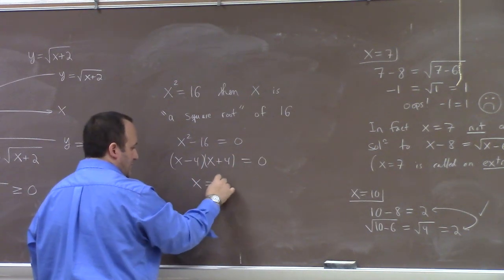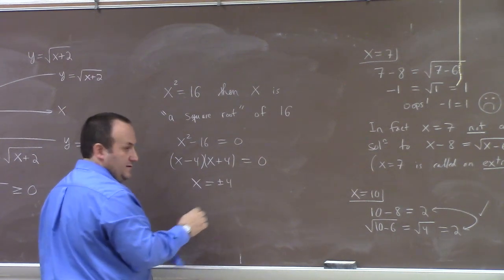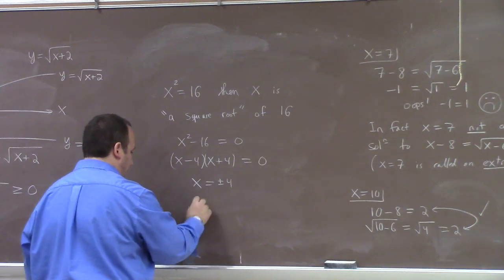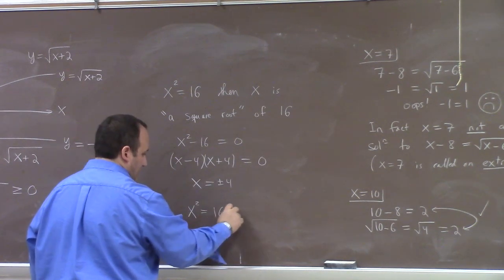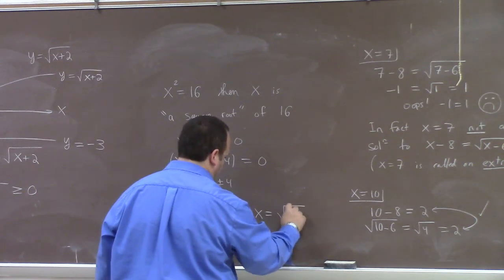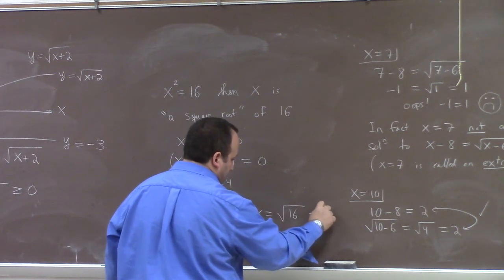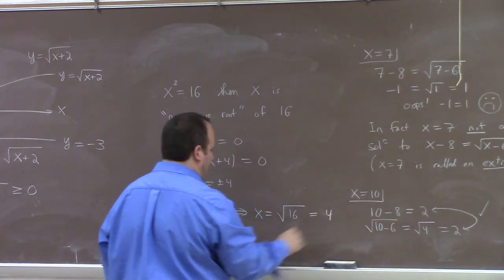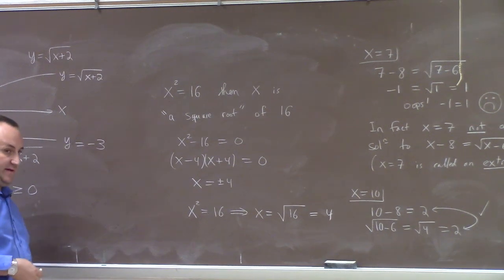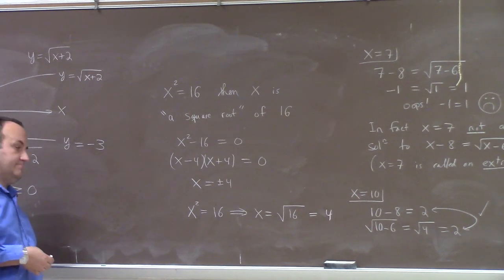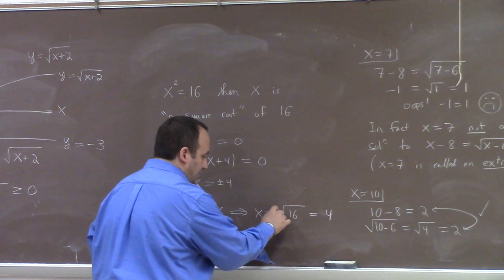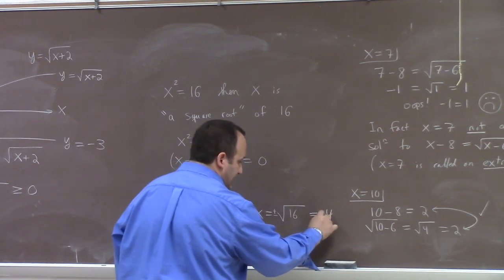We have x is equal to plus or minus 4, right? Why wouldn't you just square root 16? You could do that, but what am I leaving out there? The other possibility, right? What I'm saying is that the square root problem has two answers. It doesn't just have one.